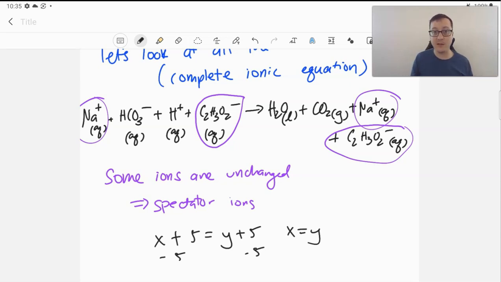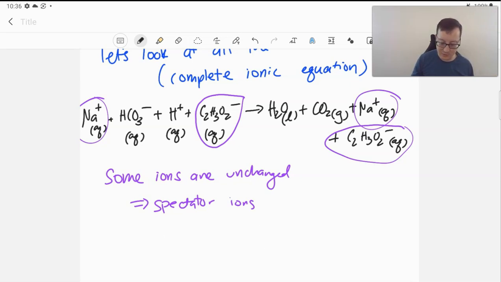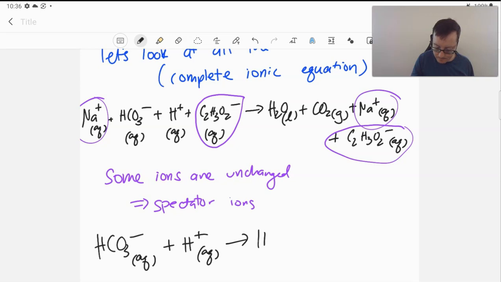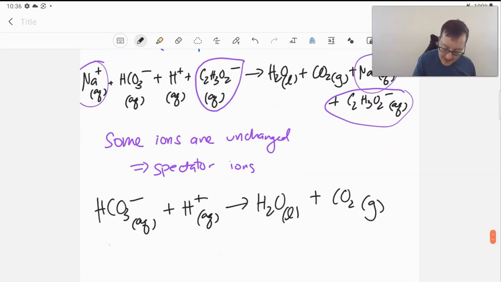Subtract a sodium from each side. We don't need to do too much math yet in this chapter. So if we remove the spectators, we're going to write everything else that's not exactly identical, and CO2 gas. And this is what's called the net ionic equation.